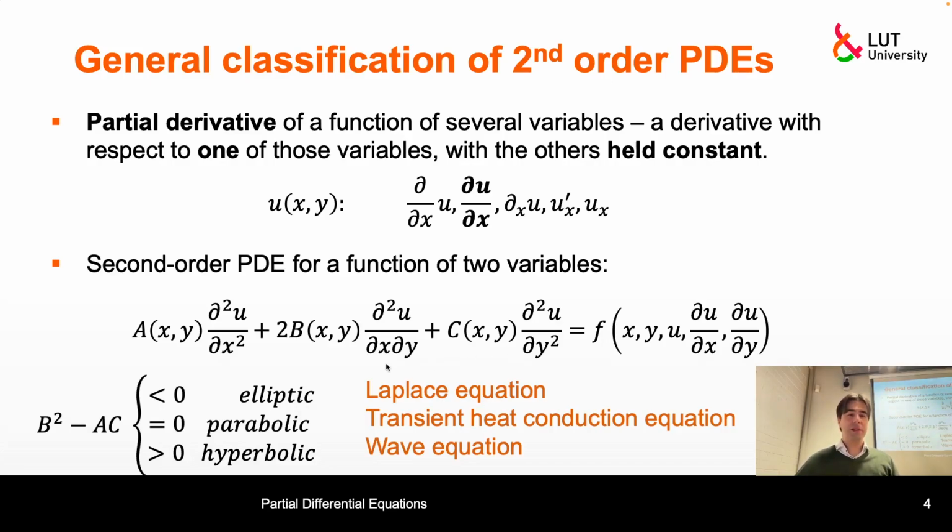So if we consider a general form of a second order partial differential equation for a function of two variables, we can present it like here, and depending on these coefficients a, b, and c, and calculating the quantity b squared minus ac, judging its sign, we can distinguish between elliptic, parabolic, and hyperbolic equations.